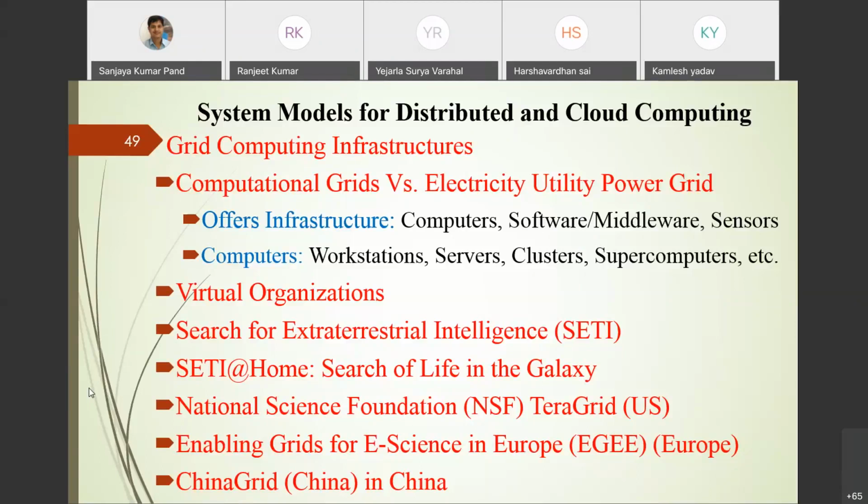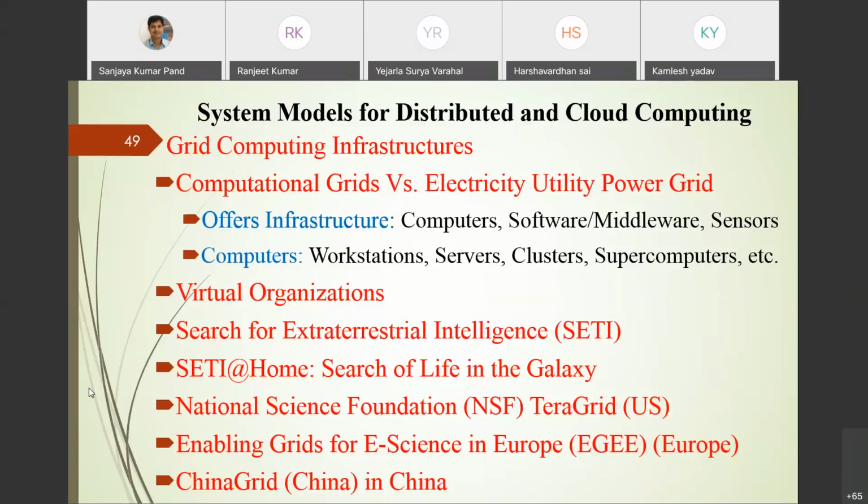So the entire system should be treated as a virtual organization. Although in each and every organization a set of computer systems is participating with the grid, if you see the entire system, it is a virtual system. That is a virtual organization. We say VO architecture. We can provide a massive amount of computational power.